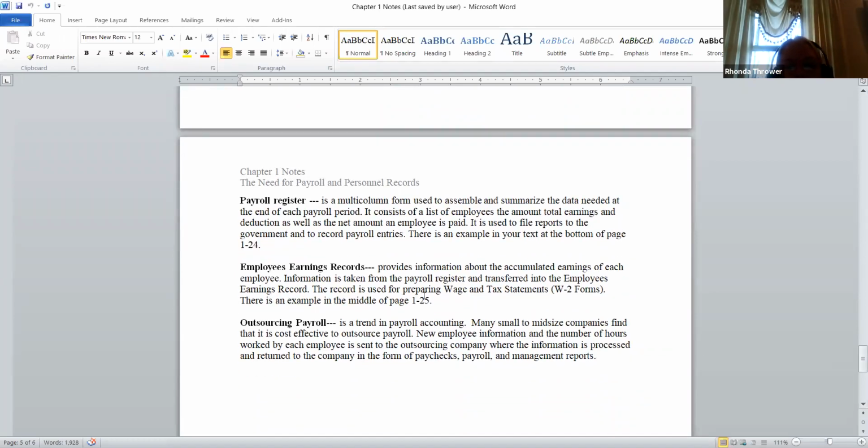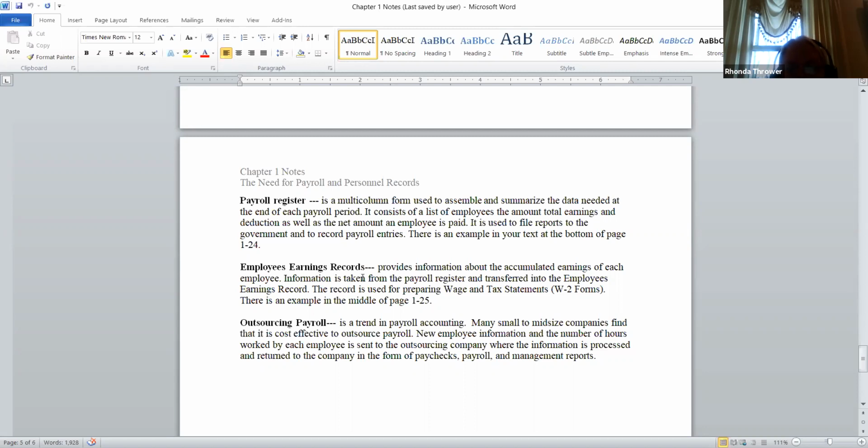An employee's earnings record also provides information about the accumulated earnings of each employee. So every employee has their own employee's earnings record. This information would be taken from the payroll register and placed into the employee's earnings record.